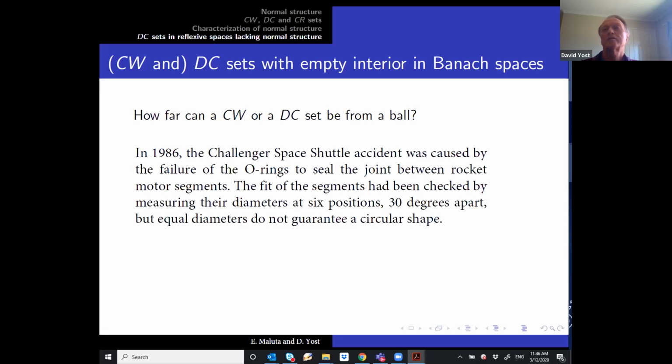The way they checked that was to measure the diameters at 6 different positions, 30 degrees apart. Okay, that tells you that the set may be of constant width, but sets of constant width are not necessarily circular, because the diameters might not intersect at the same point.